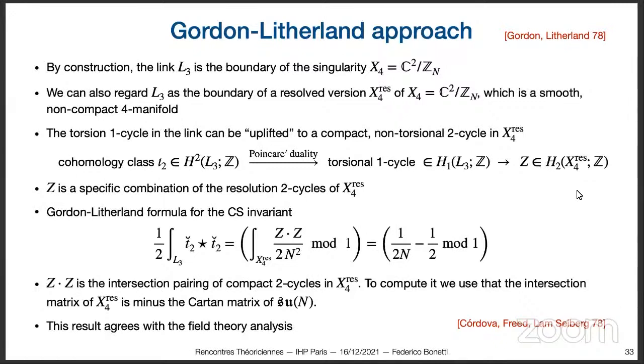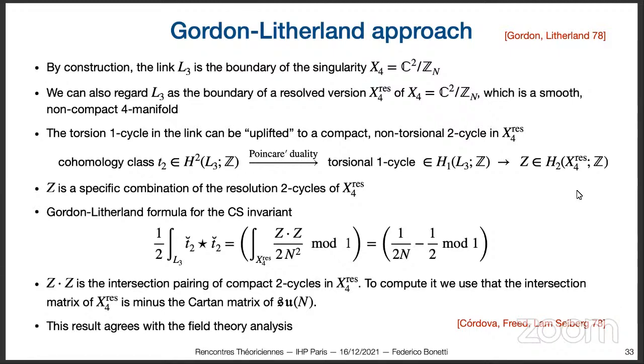And in particular, it's amenable to taking ordinary intersection pairings, the object I'm calling Z.Z. So this is just, you have your resolved C2 mod gamma singularity. I give you a very specific linear combination Z of its resolution two-cycles.